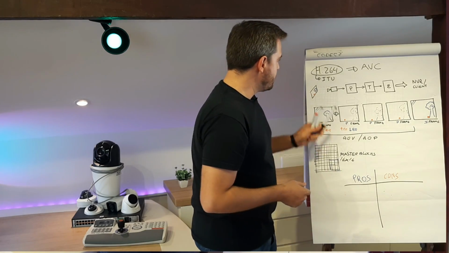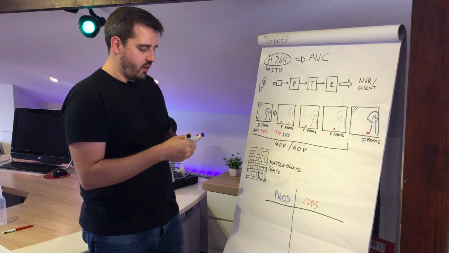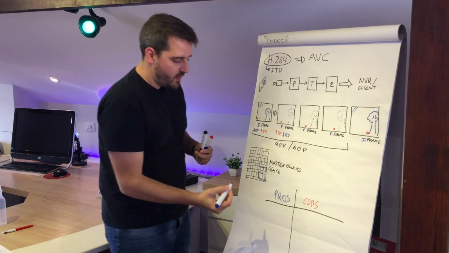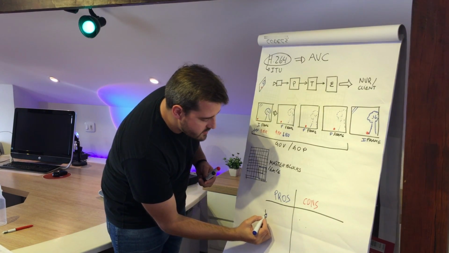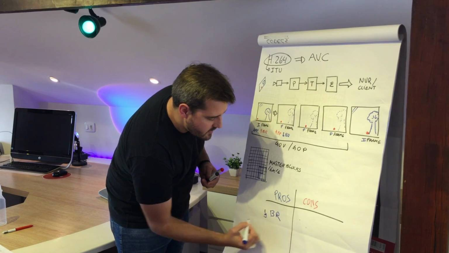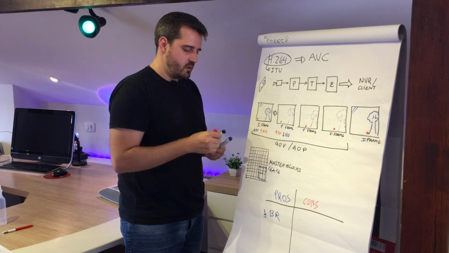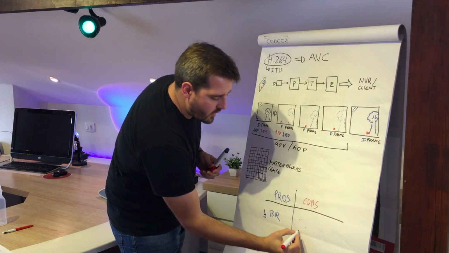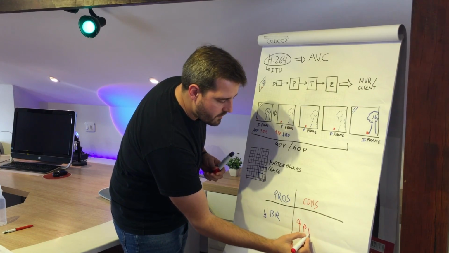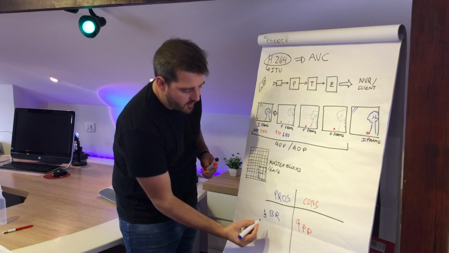Okay, so the pros and cons for H.264. Basically we have less bitrate, and as cons, we have more processing power being used. And with less bitrate we have less storage needed.